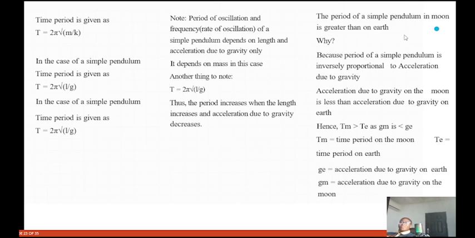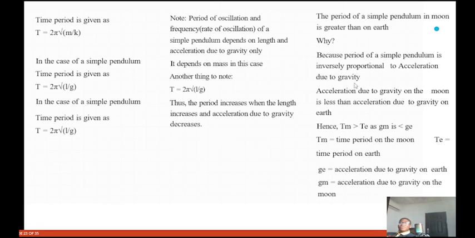Let's read this question. The period of a simple pendulum on the moon is greater than on earth. Why? Because period of a simple pendulum is inversely proportional to the acceleration due to gravity, and on the moon acceleration due to gravity is minimum.